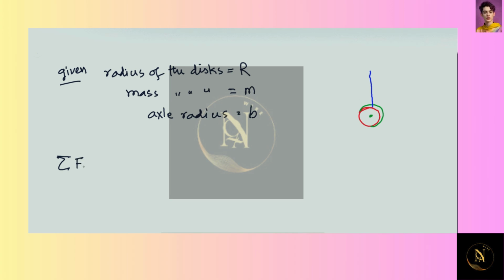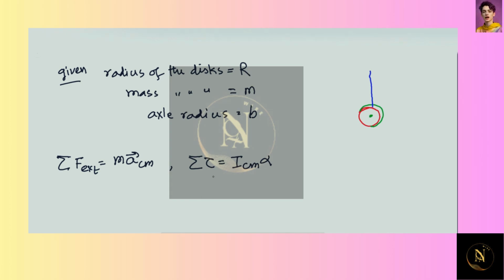F external is equal to mass times a_CM. We'll apply this linear motion to the center of mass of the yo-yo, and we'll apply tau, which is torque, equal to I_CM times alpha, to the rotational motion of the yo-yo.